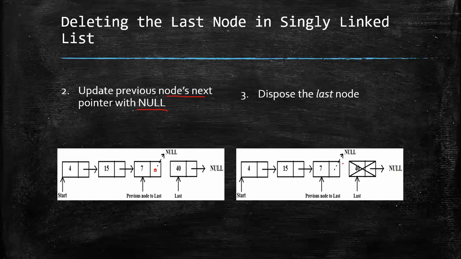Once we have made this connection, this node is not needed anymore, so deallocate the memory of this node. So these are the three steps. Let us go to code blocks and see how to develop these three steps into a program.